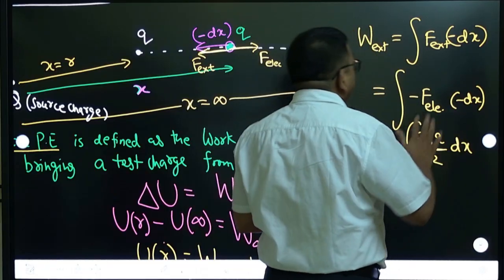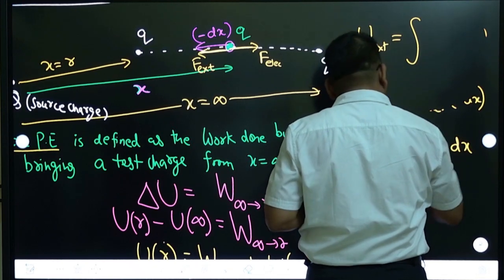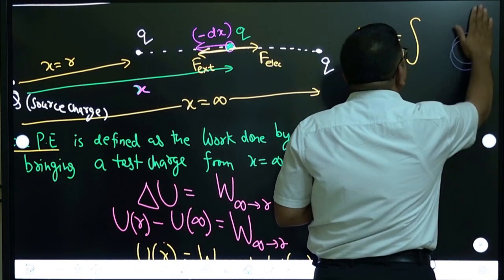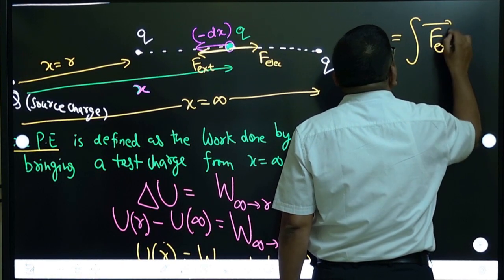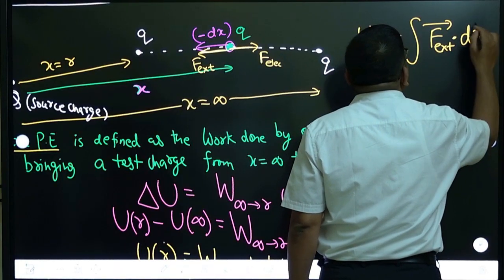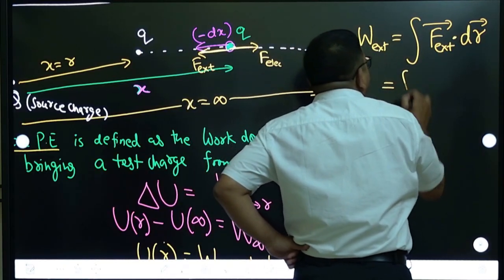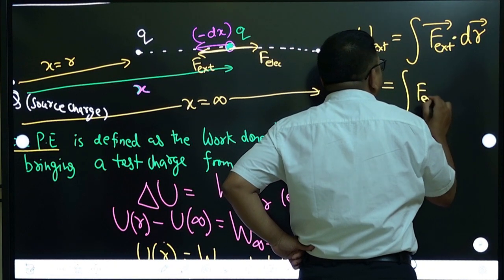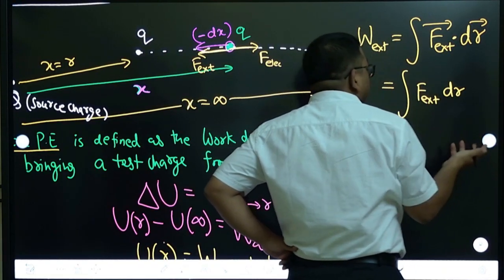See, what is the force? Work is a dot product. Here we need to understand very clearly. So we will write external force dot dr vector. Now let us write this as the magnitude of external force and this dr, and cos 0 degree is 1, right?